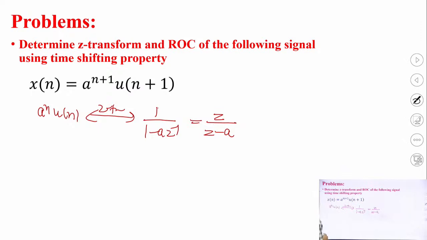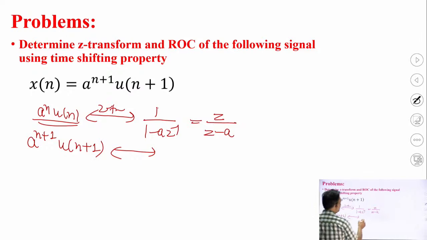Now what I am doing is shifting this signal sequence, I am writing it as a to the power n plus 1 u(n plus 1). So I am just shifting this sequence by 1 unit to the left side, so that we can represent it as a to the power n plus 1 u(n plus 1).